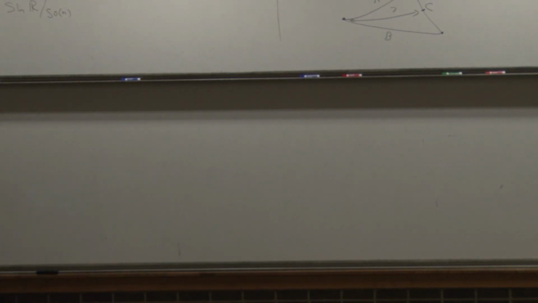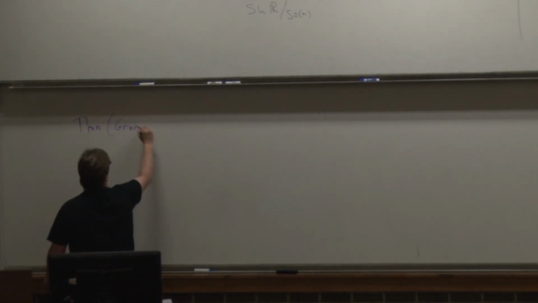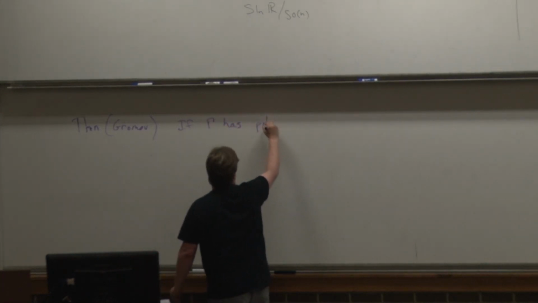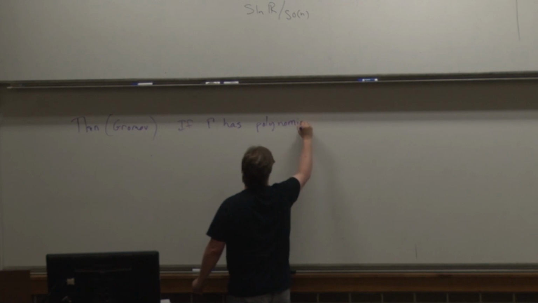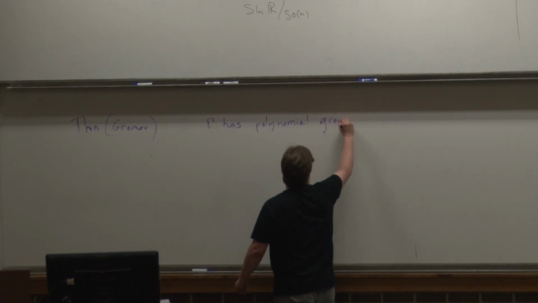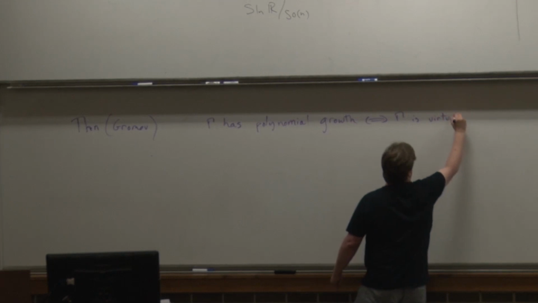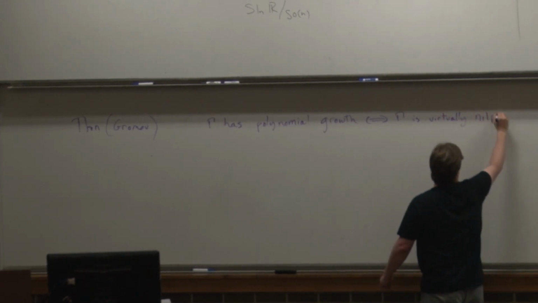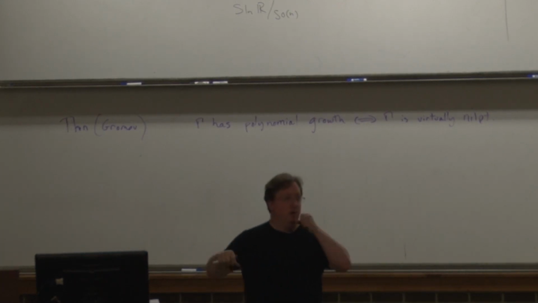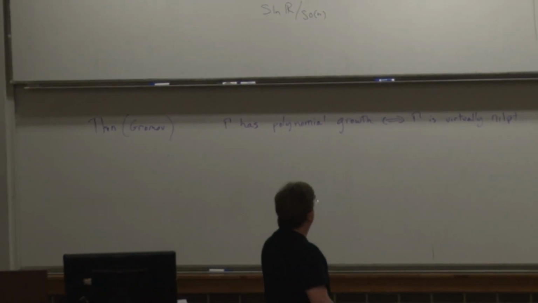And so there's a theorem here of Gromov. Having balls of polynomially bounded size is actually completely equivalent to having a finite index subgroup which is nilpotent.